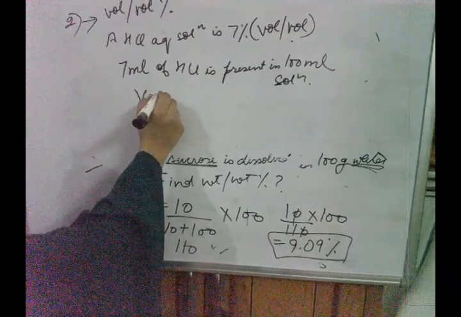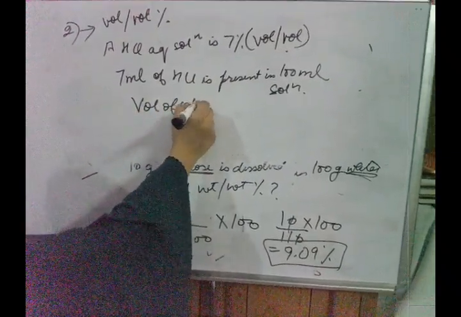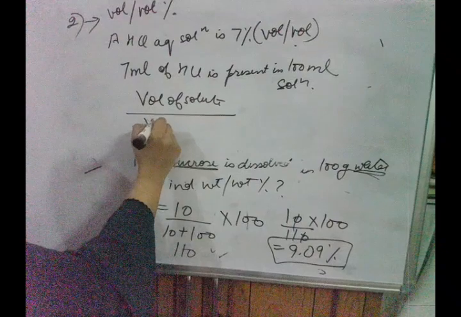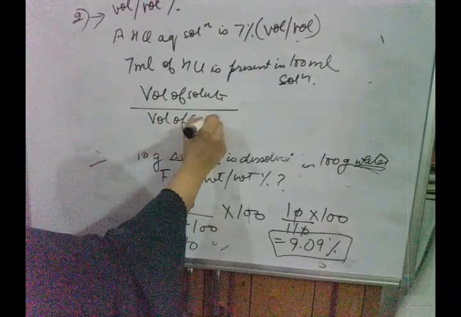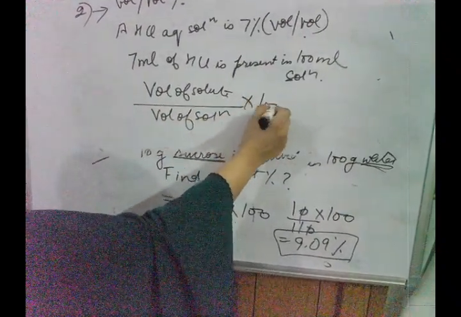So the formula is volume of solute again by total volume of solution into 100.